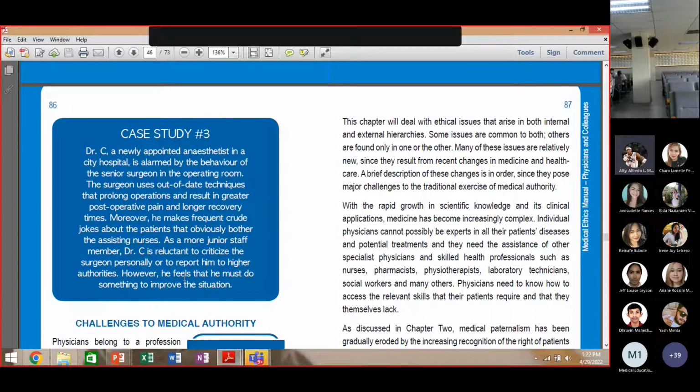You are the younger doctor faced with an older colleague who uses out-of-date techniques and makes jokes to the patient. If you are the younger doctor, how will you approach or handle the situation? We will answer that after our discussion in this chapter.